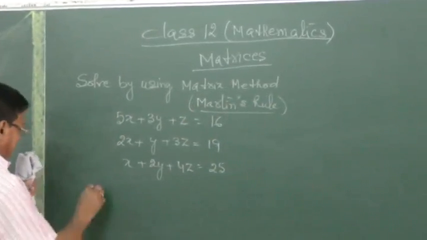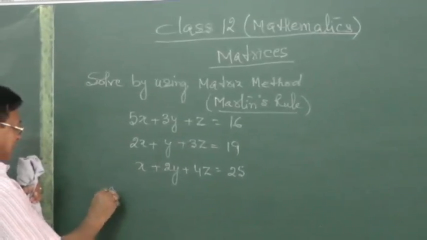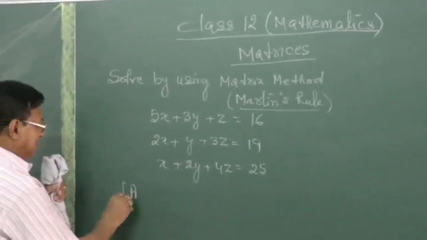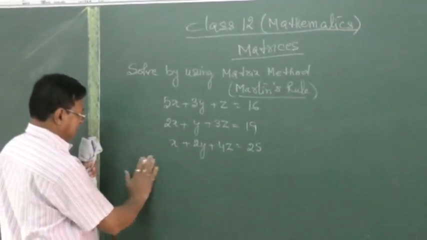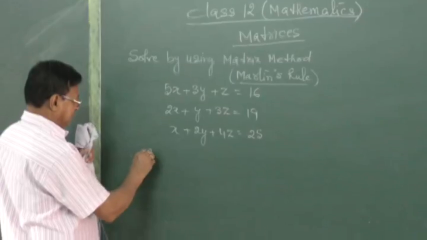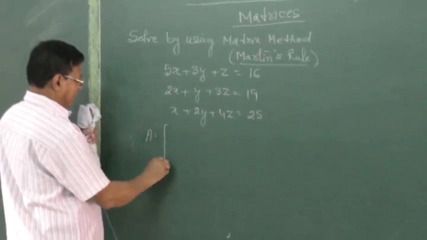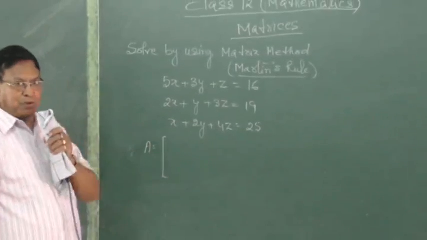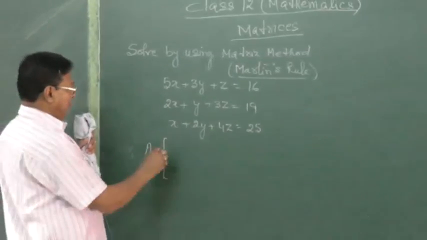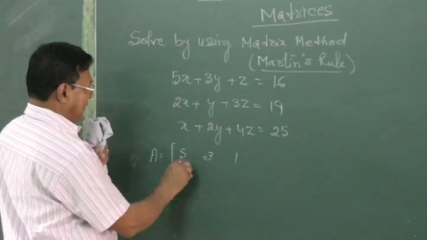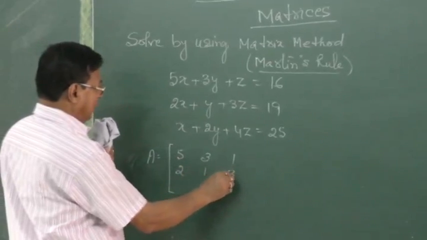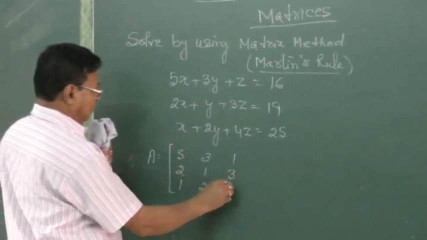What we do here, we write the matrix A as the matrix of the coefficients. So coefficients 5, 3, 1, 2, 1, 3, 1, 2, 4.